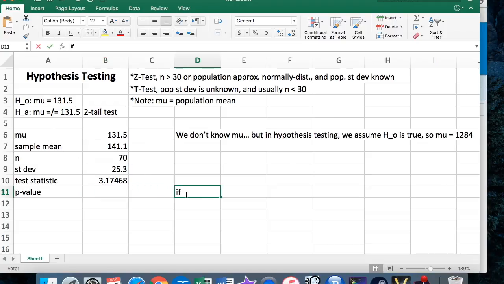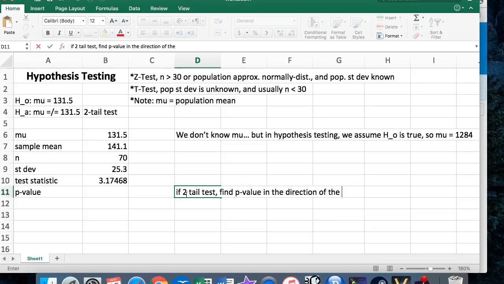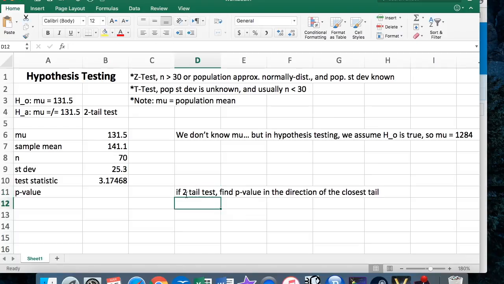If it's a two-tailed test, find the p-value in the direction of the closest tail. So whatever tail is closest. So here my test statistic is a positive z-score, which means it's closer to the right tail. So you have to find the area to the right. Now, after you find this area, multiply it by 2. Because if you are doing a two-tailed test, this means your p-value is going to have to be twice the value it would be normally.